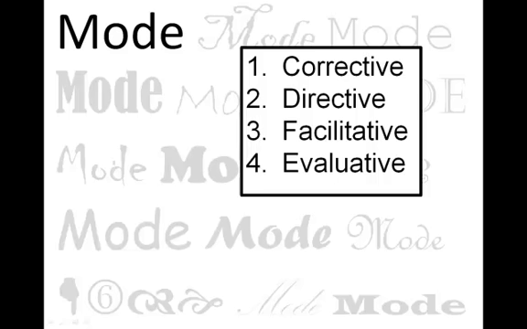Facilitative comments are usually framed as questions. They do not offer a direct solution, but they strongly insinuate revision is needed. Evaluative comments are anything that is judgmental. These are end comments, the actual grade, and also any comments that deal with large chunks of the text.